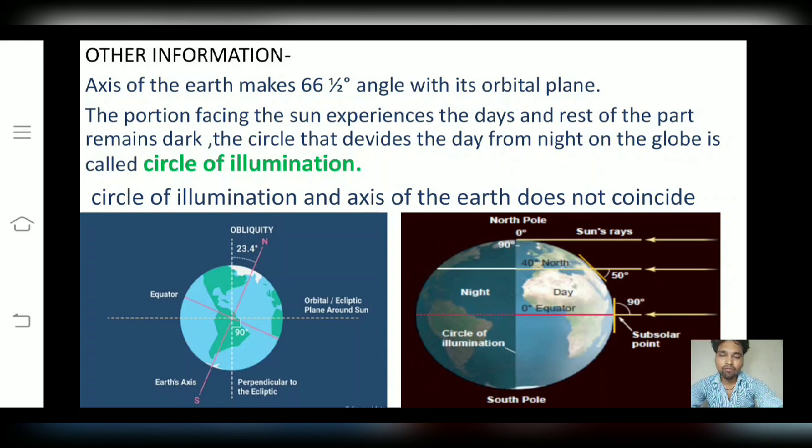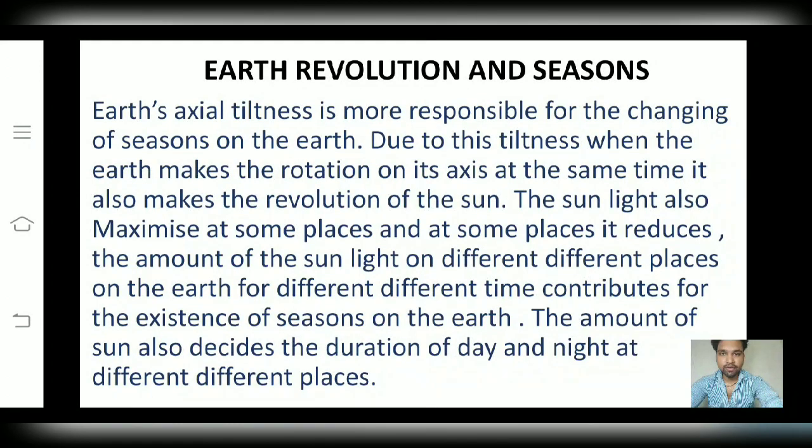So friends, the part which is nearer to the sun feels more heat and light, and the part of the earth which faces a small amount of light may become a little bit darker. Here we will discuss how the revolution of the earth is responsible for the changing phenomenon on the earth. Friends, earth's axial tilt is more responsible for the changing of seasons.